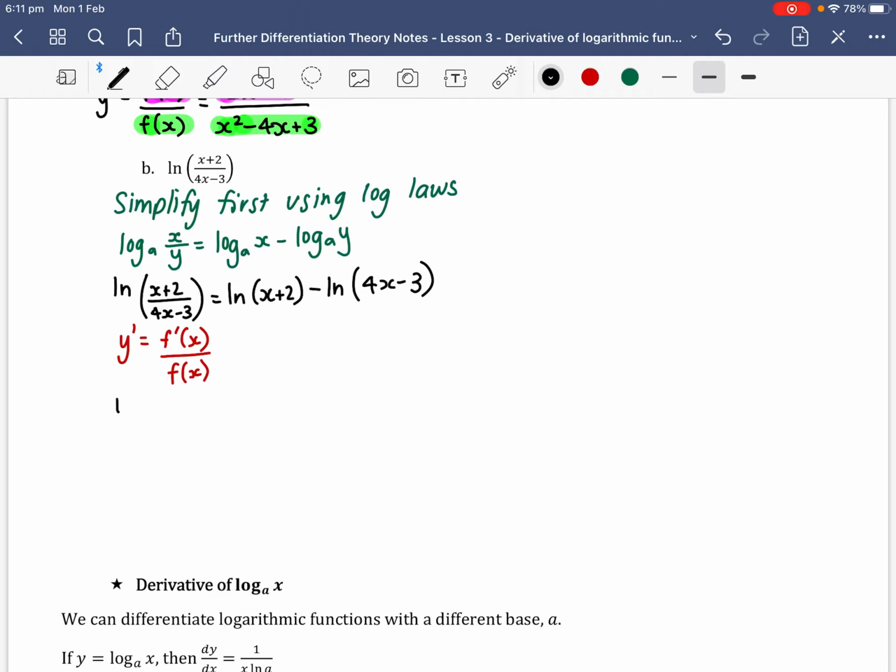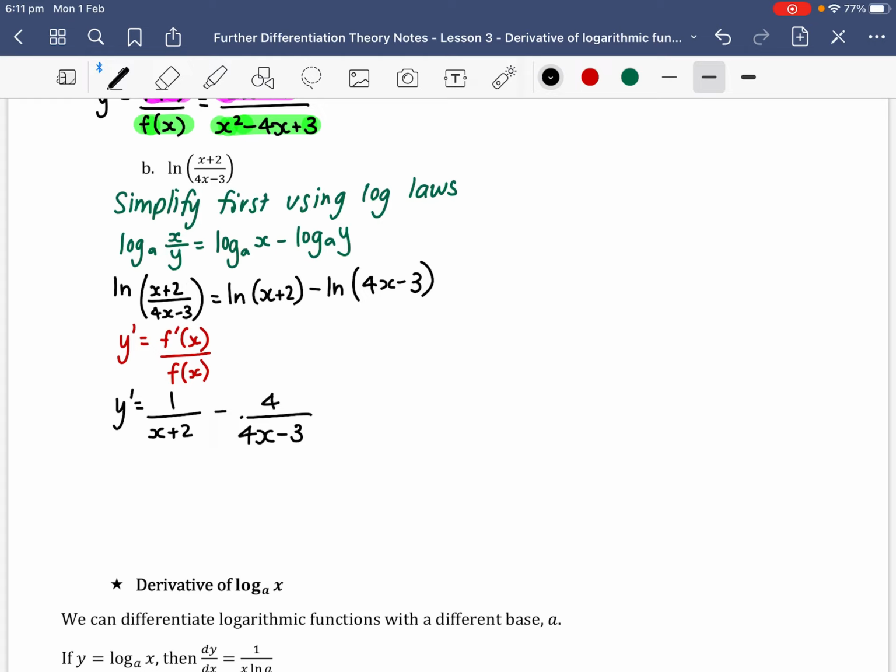So what this will entail is we'll have y dash equals the derivative of our first function, x plus 2, which is just 1, all divided by our original function, which is x plus 2, minus the derivative of our second function, of ln of 4x minus 3. So the derivative of 4x minus 3 is 4, divided by our original function of 4x minus 3.